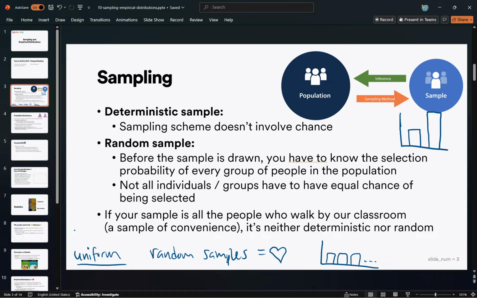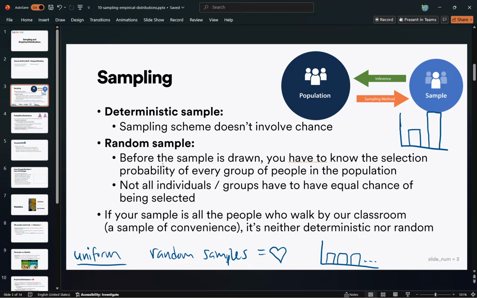It's probably going to give you the best knowledge, because it's perfectly random. There is no bias. It's called a uniform random sample. Everybody has an equal probability of getting drawn. So that is what a uniform random sample is all about.